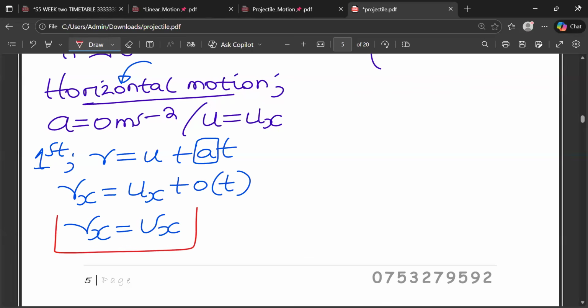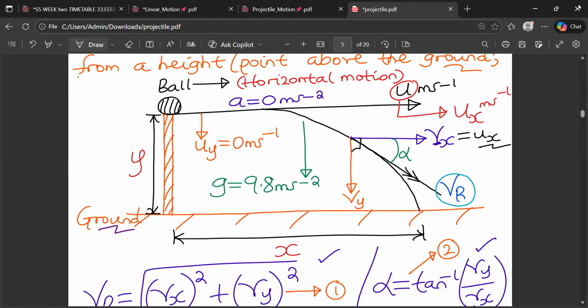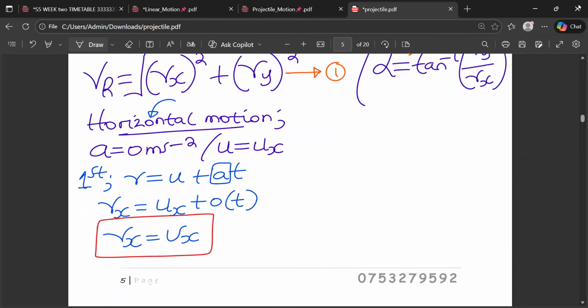So are you seeing what I told you? I'm talking to that person who got confused by the horizontal component in our diagram. Do you remember when we reached vx and most of you got confused and couldn't tell that vx is equal to ux when I talked about parallel quantities? If that was hard, make sure you understand this. So in simple terms, for horizontal motion, the final velocity, remember v is for final, I don't know why my mind always takes me to vertical when I see v, so I beg your pardon.